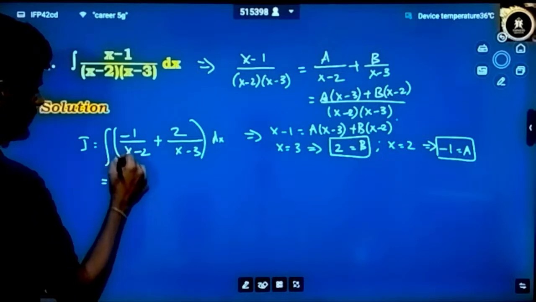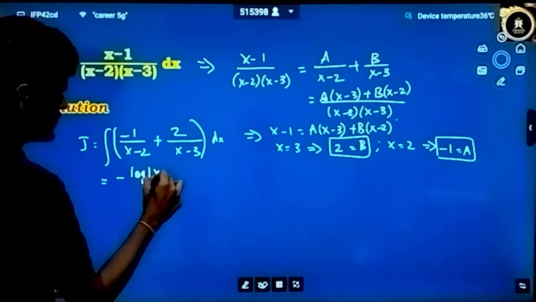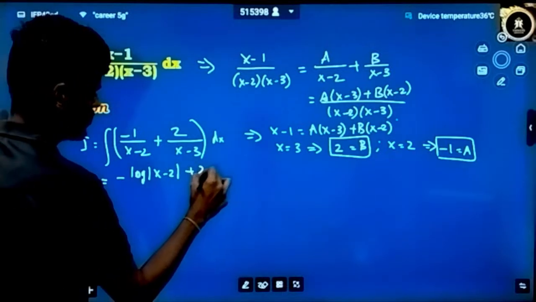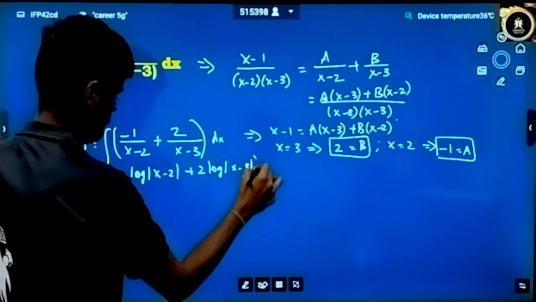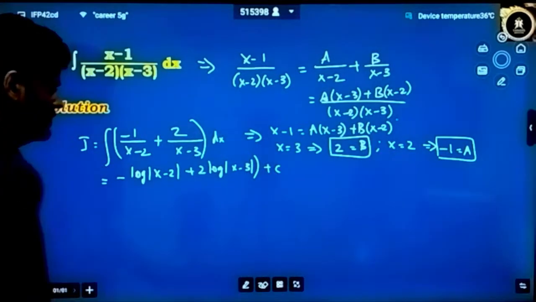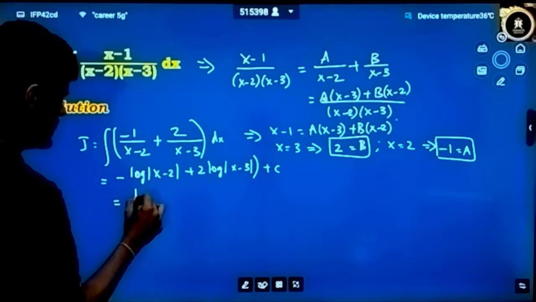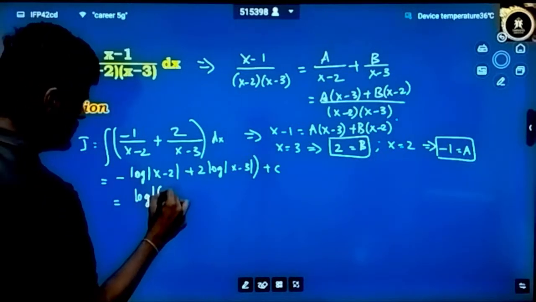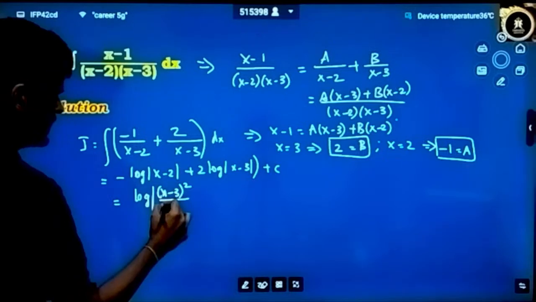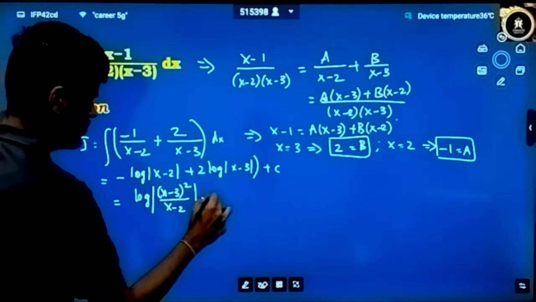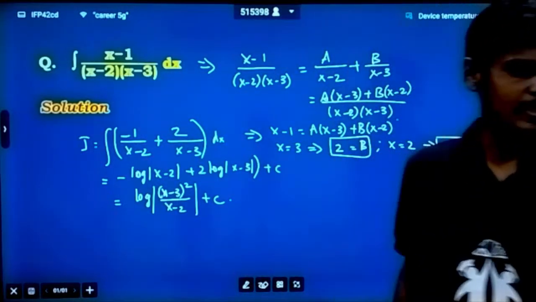This is equal to minus log of modulus x minus 2 plus 2 times log of modulus x minus 3 plus constant. Now this is (x minus 3) whole square, so we can write this as log of modulus (x minus 3) whole square divided by (x minus 2) plus constant of integration. This is how we should solve, students.